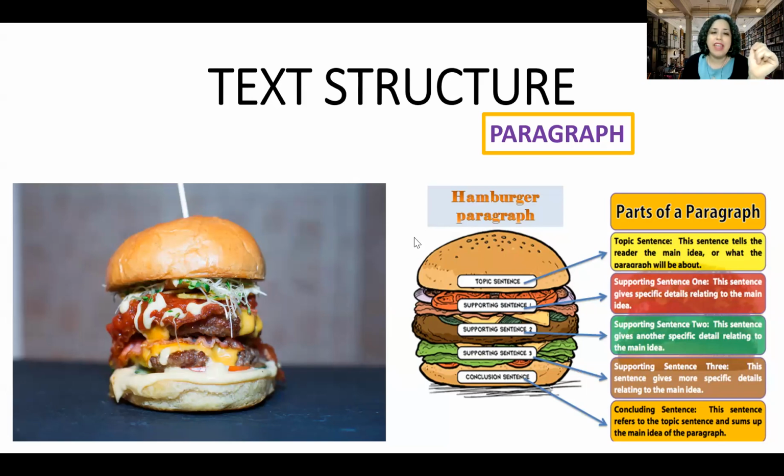But if we want to consider a true, real paragraph, we need to consider the parts of it as a hamburger. Because if you take a look at what appears here below me, you are going to see the parts of a paragraph. It has topic sentence, supporting sentence, and concluding sentence. So it definitely has a structure. It has, yes, the beginning.